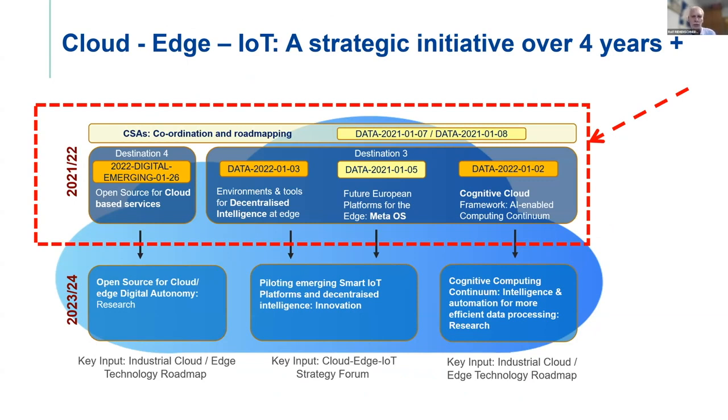We have 4 topics over there, which you see here. 1 topic under Destination 4 on open source, 3 topics under Destination 3, talking about research innovation projects for decentralized intelligence and edge, MetaOS, meta operating systems projects, and cognitive cloud. So what is behind these topics? A snapshot on that one. Next slide.